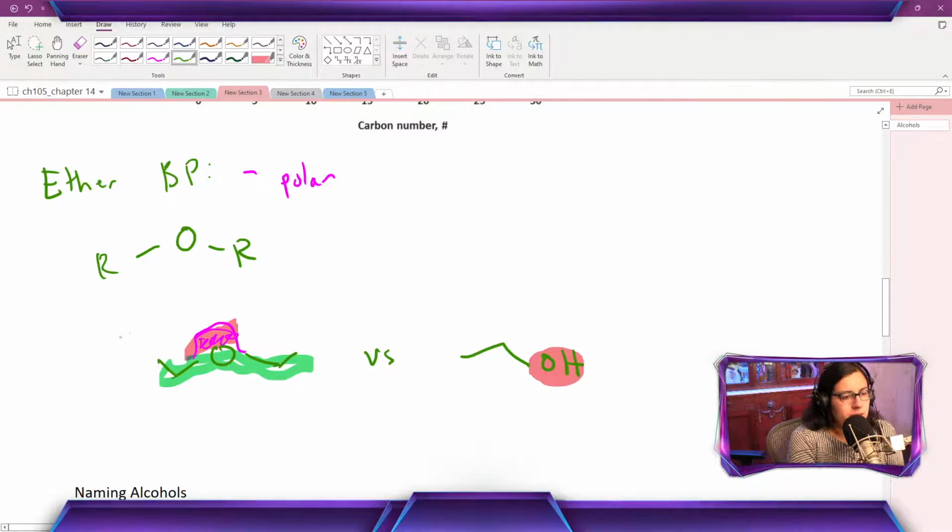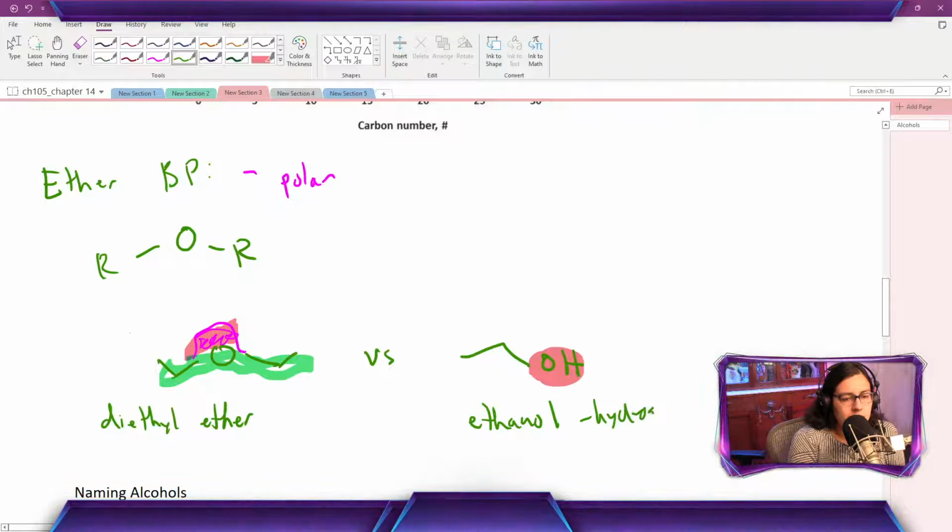And so let's name these two. Two ethyl groups, so that's going to be diethyl ether. Anytime you see someone talk about ether in lab, it's usually diethyl ether. That's the commonly used ether. And then this, we said, is ethanol. This one has hydrogen bonding and dipole-dipole.